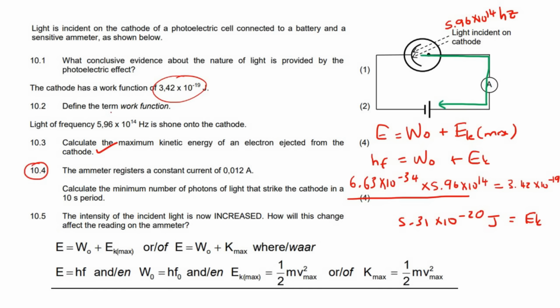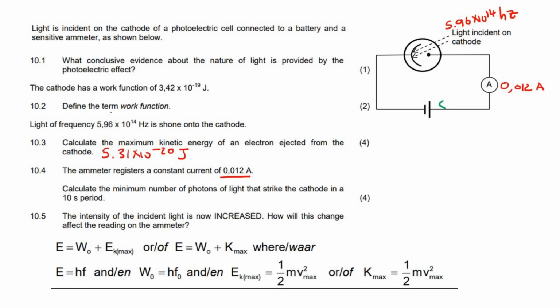Now it says that the ammeter registers a current of 0.012 amps. Calculate the minimum number of photons of light that strike the cathode in a 10-second period. One of our formulas for current is current equals charge divided by time.